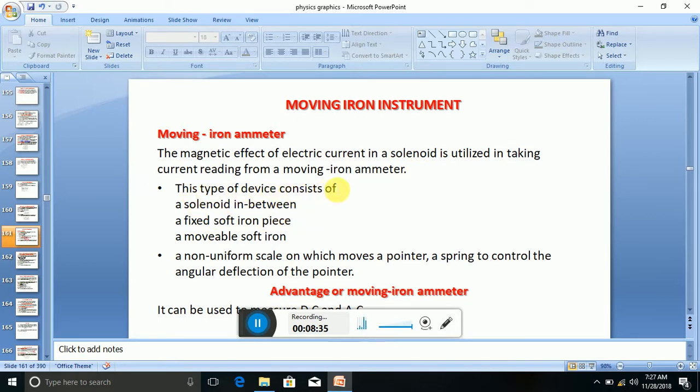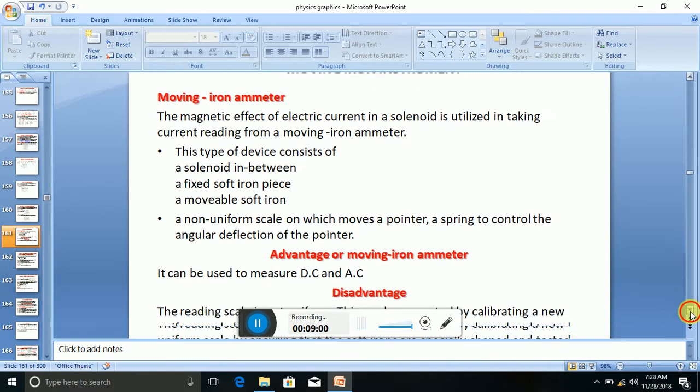This type of device consists of a solenoid in between a fixed soft iron piece, a movable soft iron, a non-uniform scale on which moves a pointer, and a spring to control the angular deflection of the pointer. So this is the arrangement of a moving iron ammeter.